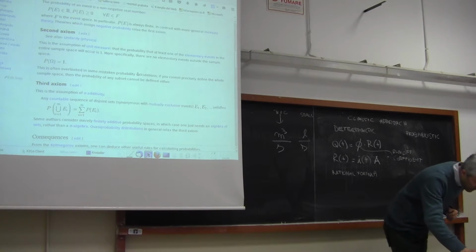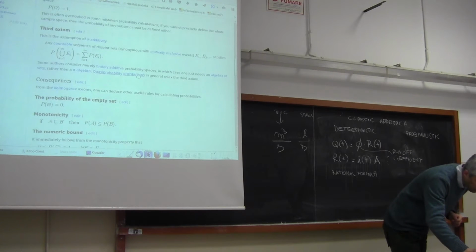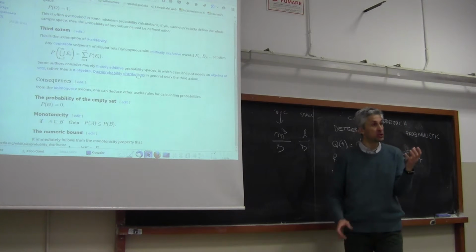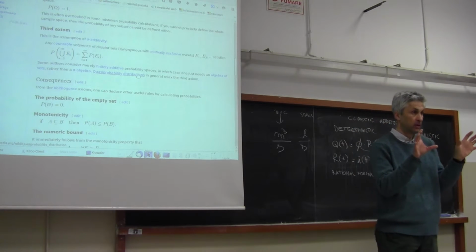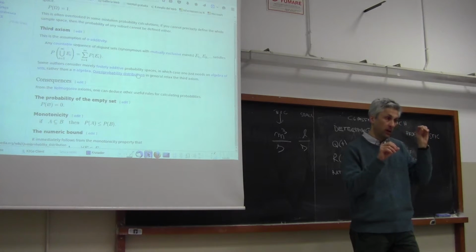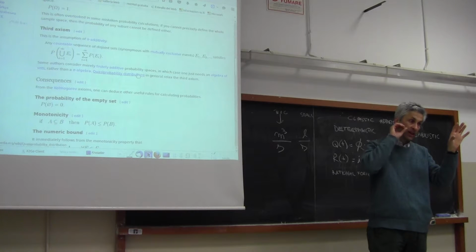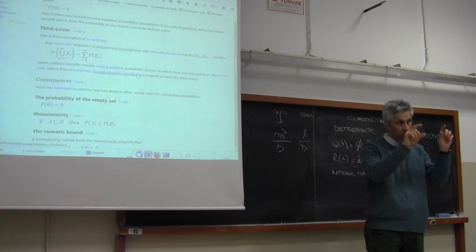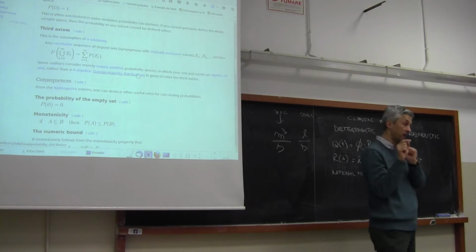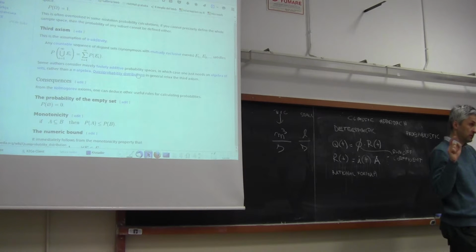Then there is a kind of additive property. If you have disjoint events, the probability of getting one event or a second event, so the union of the two, is given by the sum of the individual probabilities, provided they are disjoint.